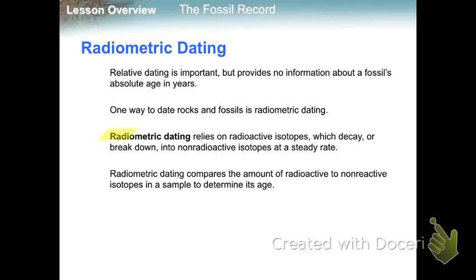Radiometric dating is a little more precise, a little more quantitative rather than qualitative. We look at radioactive isotopes, which you're going to do quite a bit next year in chemistry. These radioactive isotopes decay into non-radioactive isotopes at a steady rate, and depending on the element we're talking about, decays at a different rate.